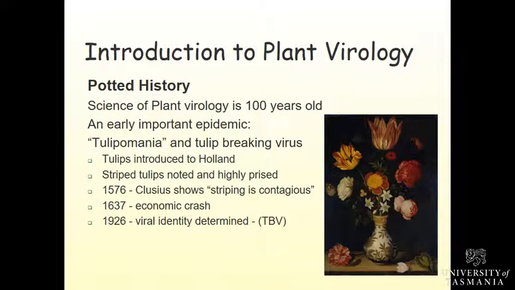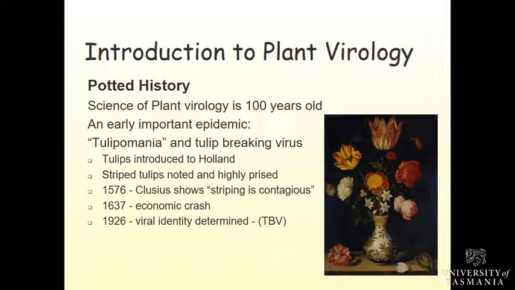They were selling them for things like houses, and swapping them for oxen. The value of individual bulbs became ridiculously large. It was one of the first futures markets, so people were selling the bulbs before they harvested them, and selling them multiple times. So they were creating an economic bubble, which we all know what happens with in today's world.